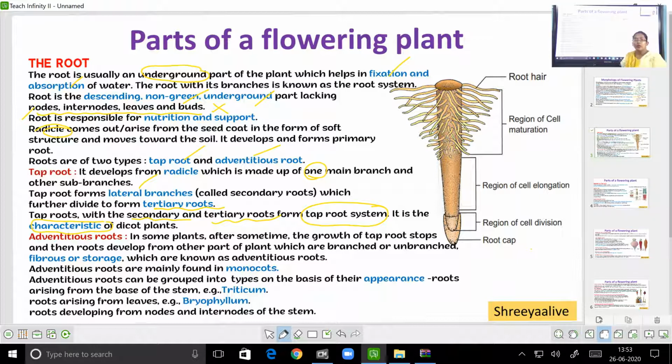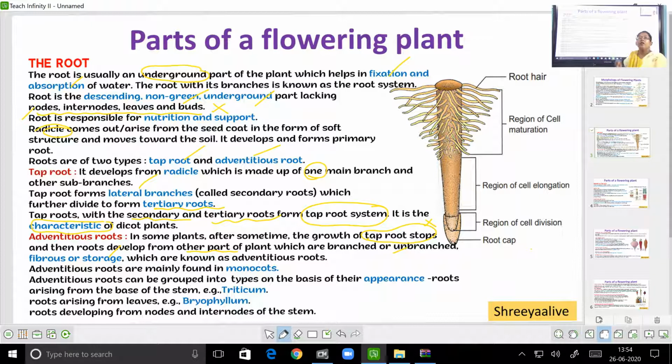In some plants, whenever the taproot stops growing, roots develop from other parts. They may be branched or unbranched, they may be fibrous in nature, or they may perform the storage function, and these are called adventitious roots.